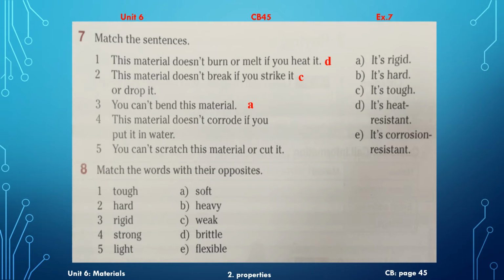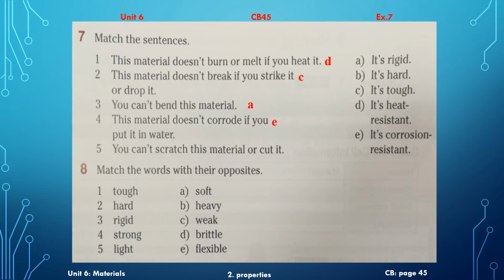Number 4, this material doesn't corrode if you put it in water. Of course, the answer is E. It's corrosion resistant. When we talk about something like that, we can mention the car radiator, because this radiator is all the time filled with water.